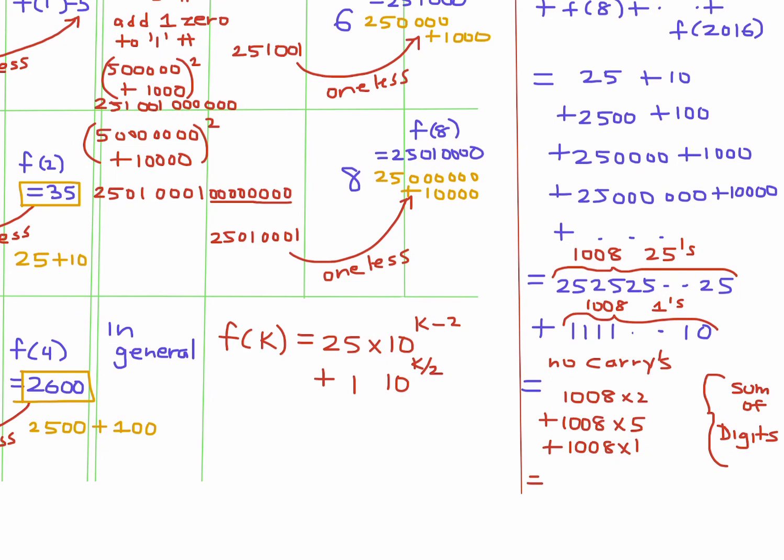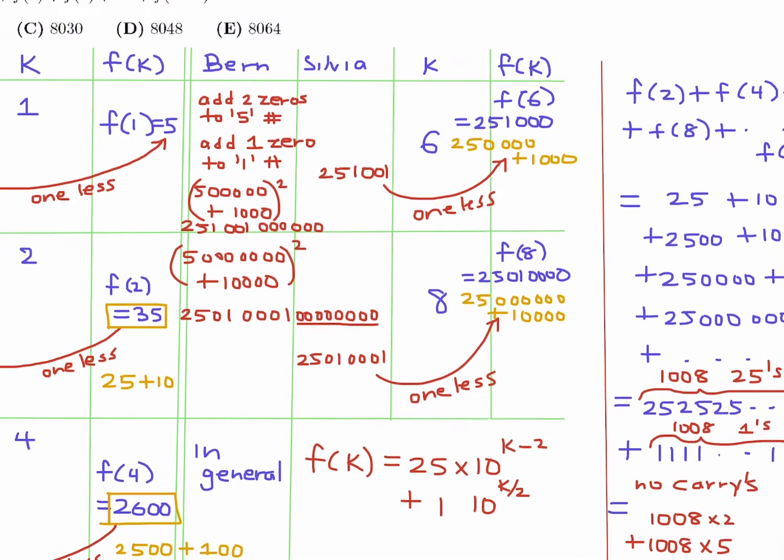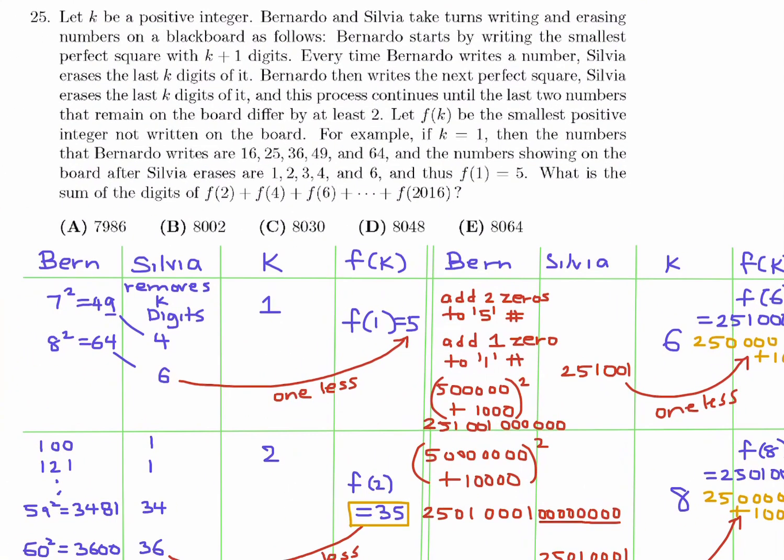So that's going to be 2016 plus 5040 plus 1008. And that is 8064. 8064 is the answer to this very challenging question, and that would be choice E.